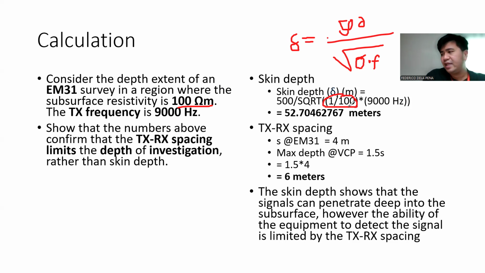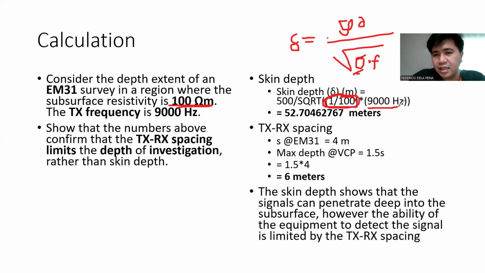So if you divide 1 by your resistivity, you're going to get the conductivity of the material. In this case, we just got the inverse of 100. So this is your conductivity term.